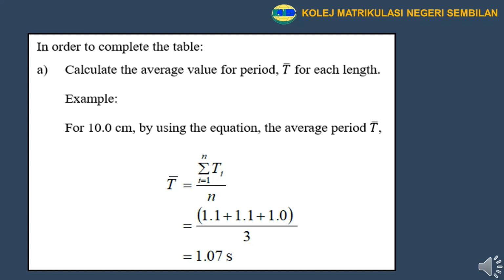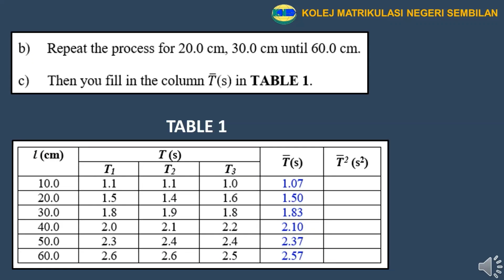Therefore, the average period T bar equals 1.07 seconds.